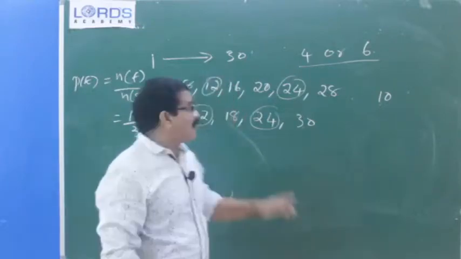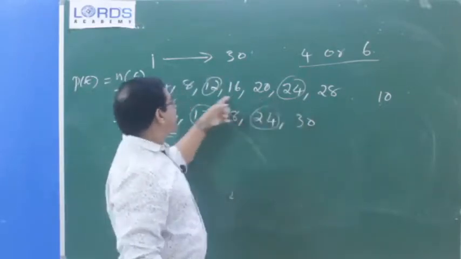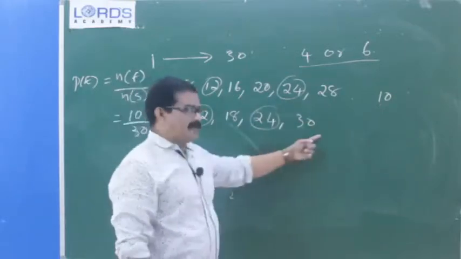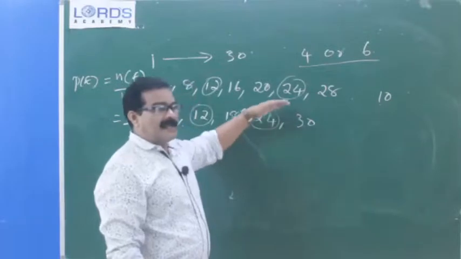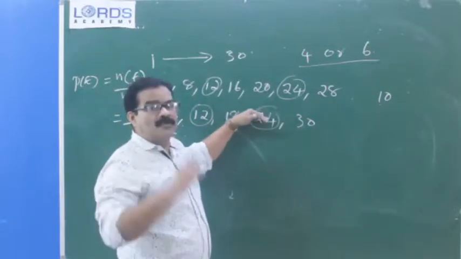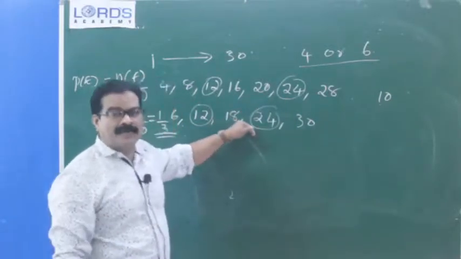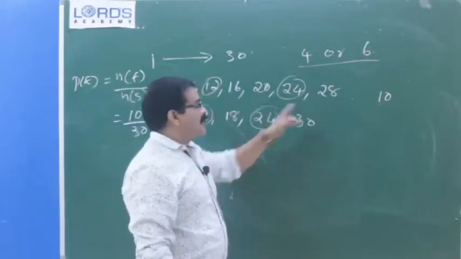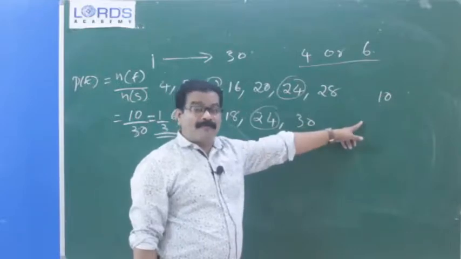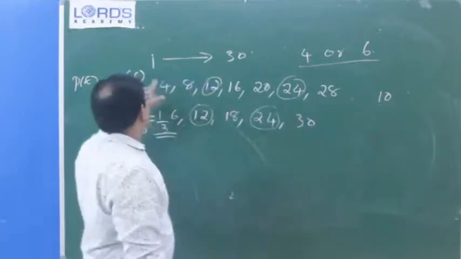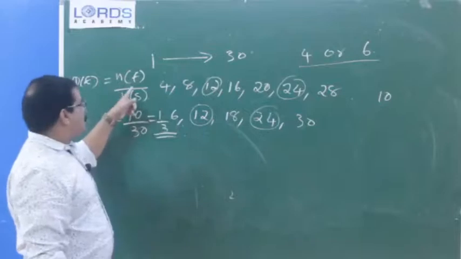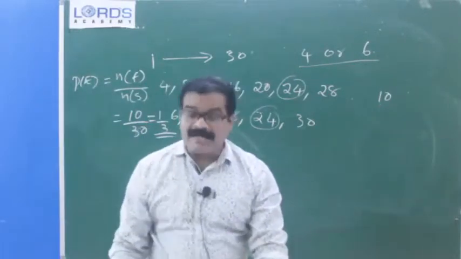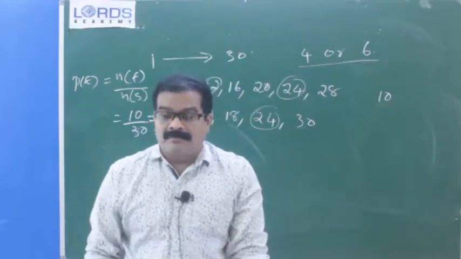First you write the multiples of 4, then the multiples of 6, and the common terms you take one time. Then count the numbers, and you will get the required number of favorable cases, 10. Therefore, the probability is 10 by 30, equal to 1 by 3. Did you understand this point, all of you? Respond to me.